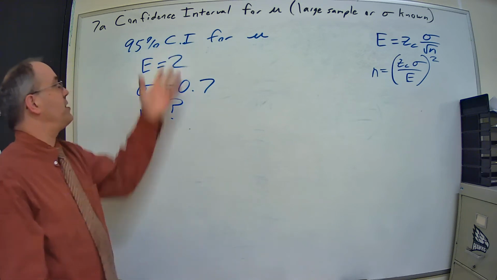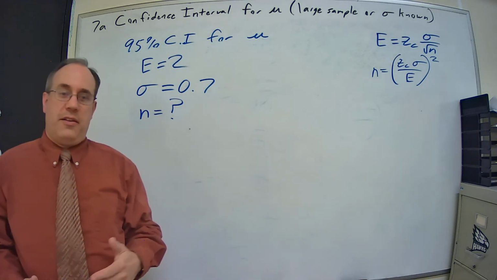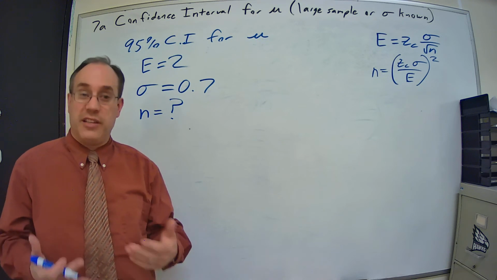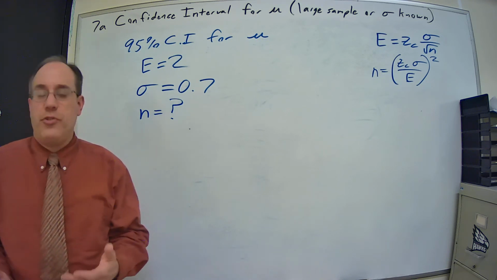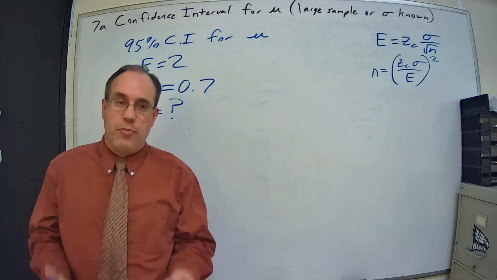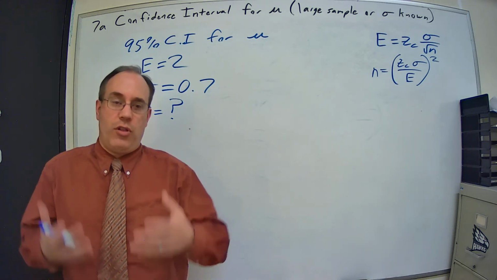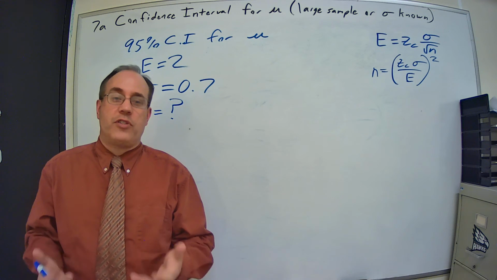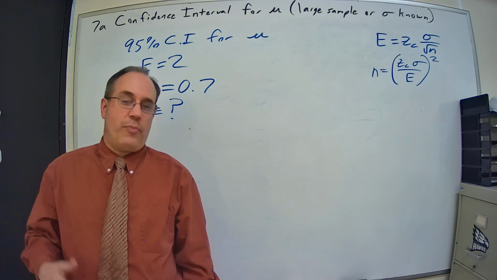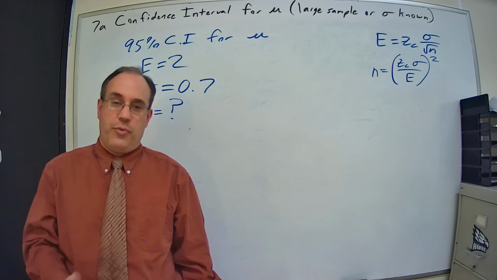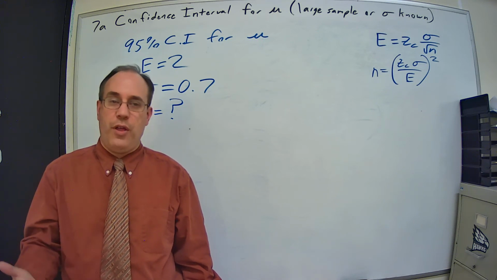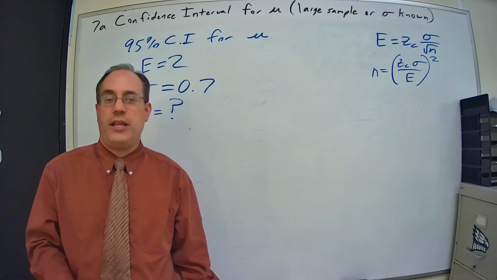Remember, the purpose of this is, I hate to word it like this, but we want to do as little work as possible. Because if we're doing this research, it costs money for every single member of our sample. We have all the things that we have to send out or all the work that has to be done. So the more we have to do, the larger the sample, the more time, energy, and money that's going to go into this.